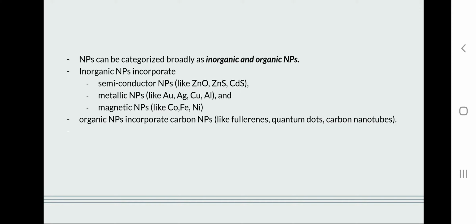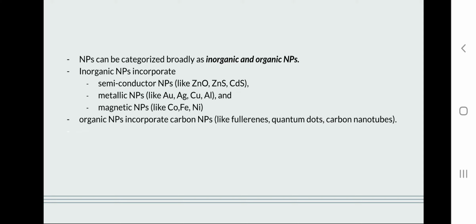The third category is magnetic nanoparticles, which consist of cobalt, iron, and nickel. So these are the different categories of inorganic nanoparticles: semiconductor nanoparticles, metallic nanoparticles, and magnetic nanoparticles.